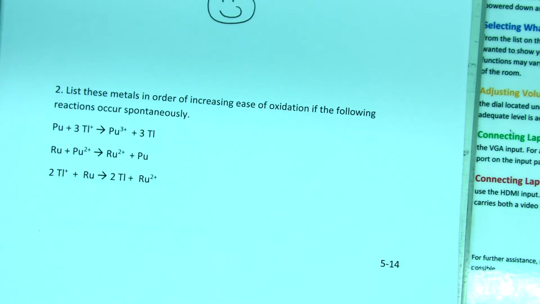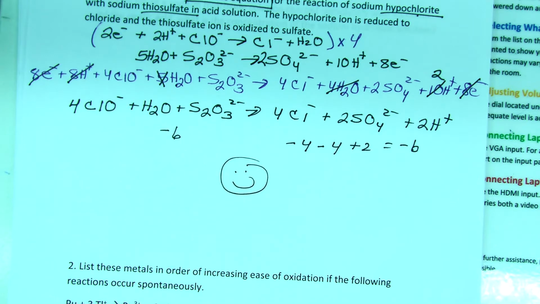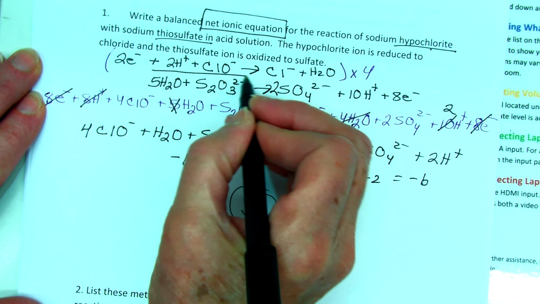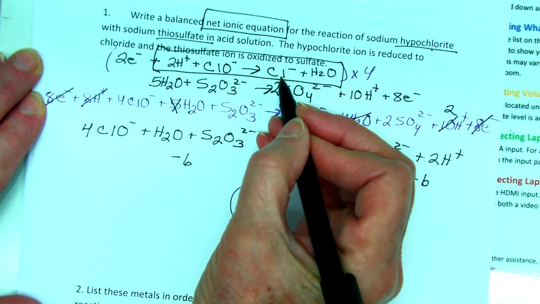Okay, back up. You add electrons when you are done balancing the half reaction for mass. So my half reaction was balanced for mass with the water, hydrogens, hypochlorite, and chloride.